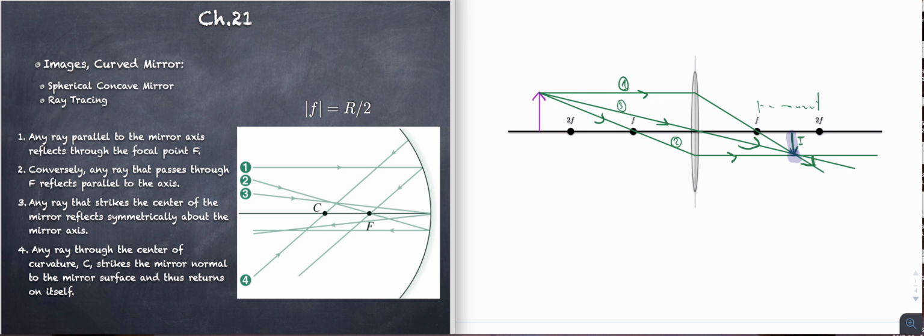It's real because all the light is passing through the image, and it's decreased, obviously. So these are some examples of how we can use ray tracing to analyze problems or questions in geometric optics.